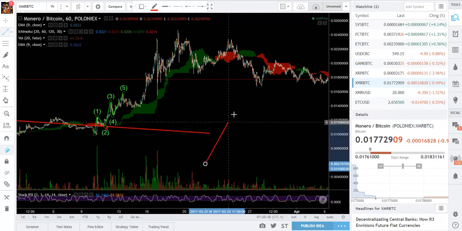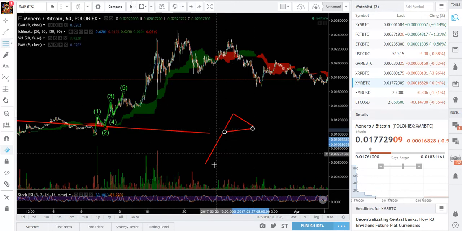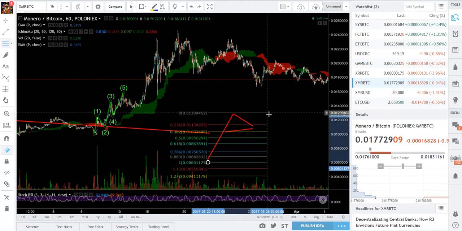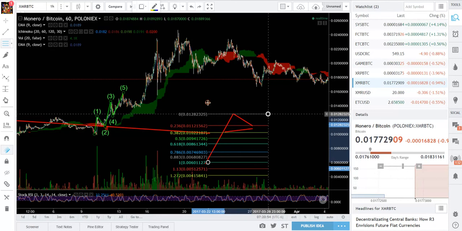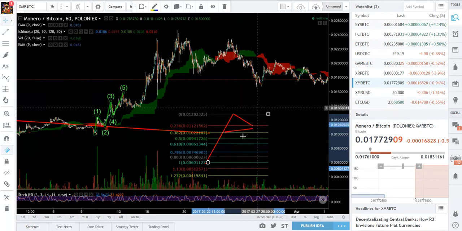It's an impulsive move that retraces just a bit, maybe like 38%, and then after it retraces 38% and consolidates in the zone, it breaks out again. So that's what we have here.